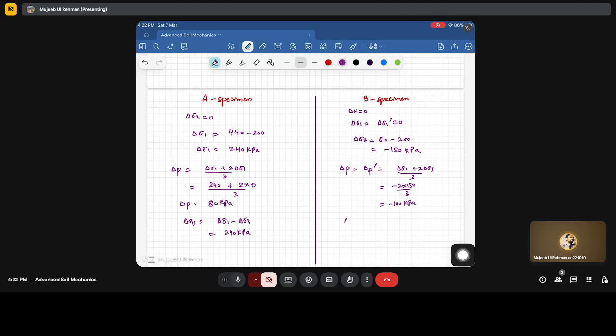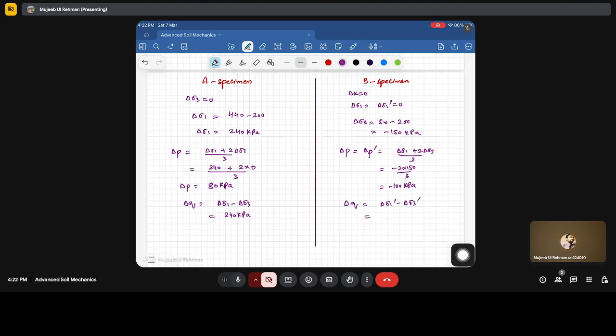And delta Q is delta sigma 1 dash minus delta sigma 3 dash. These are drained, so it's sigma dash, and it doesn't have the effect of pore water pressure. So delta sigma 1 is 0, minus minus 150, is 150 kPa. So these are the P and Q values during the increment.